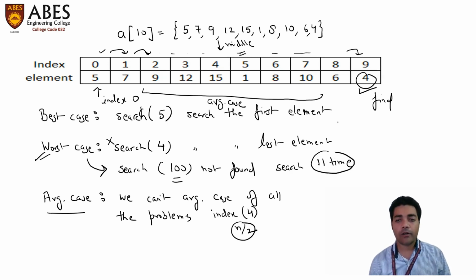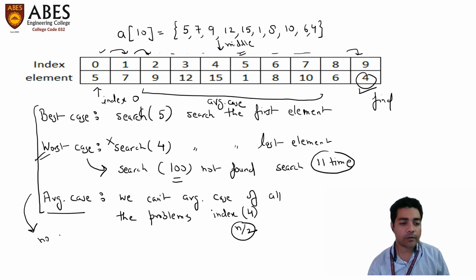Now, one more important thing: how we are calculating this best, worst, and average case is by seeing the number of comparisons made. For example, when we searched for 5, we did one comparison.